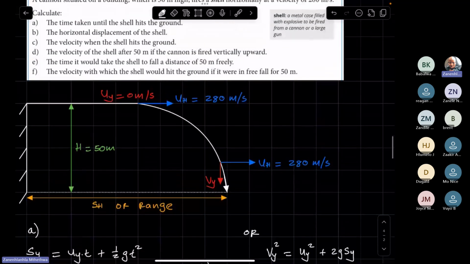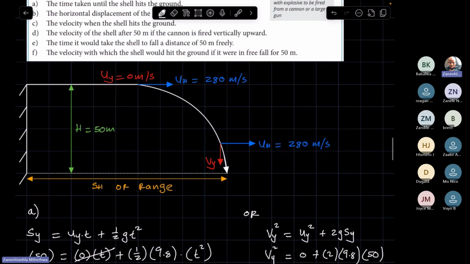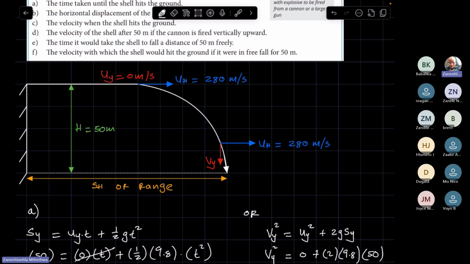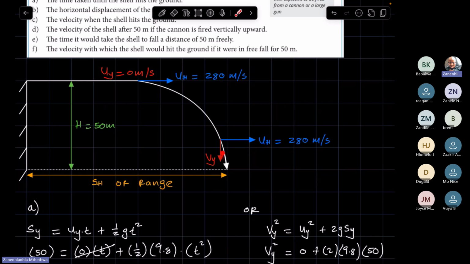C, the velocity when the shell hits the ground. They want us to calculate the velocity. Now with this one, they want us to calculate the velocity when the shell hits the ground. That velocity is this one.